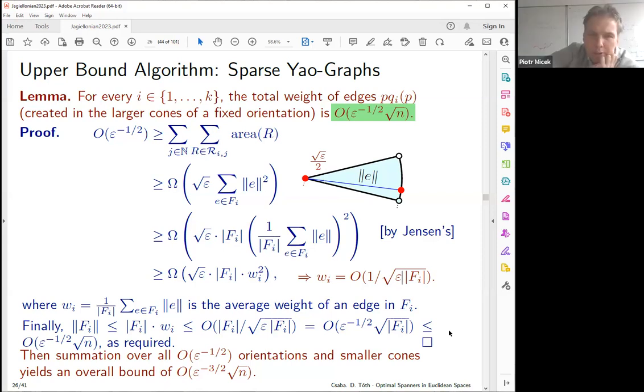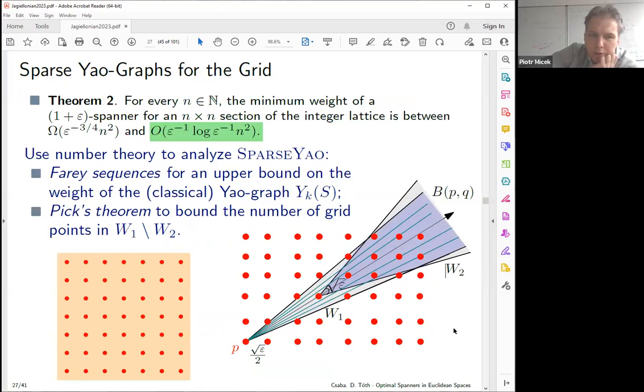And then when you apply this to the planar grid, that gives this bound. It's using the same algorithm, but because this is the grid, we know a little bit more about how many points can be in each of these larger cones.